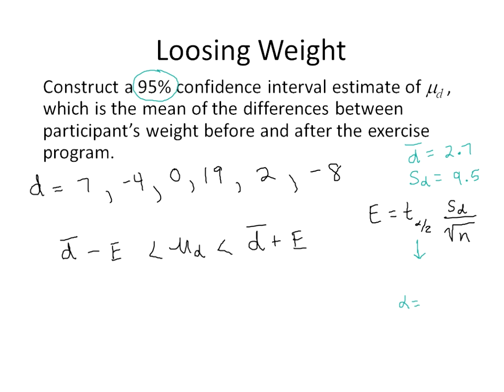So let's see, alpha is going to be 1 minus 0.95. So alpha is 0.05. So remember, anytime we're working with confidence intervals, we are always working with two tails. Any confidence interval that you construct is under the assumption you have two tails. So alpha is the area in two tails. If you divide alpha by 2, then you get the area in one tail.